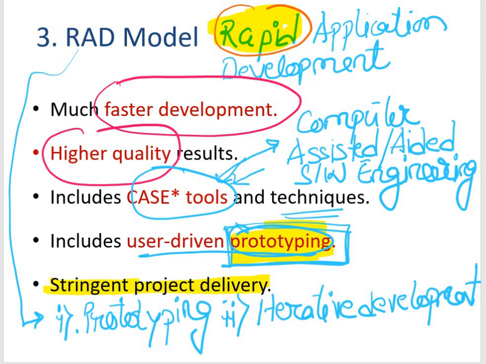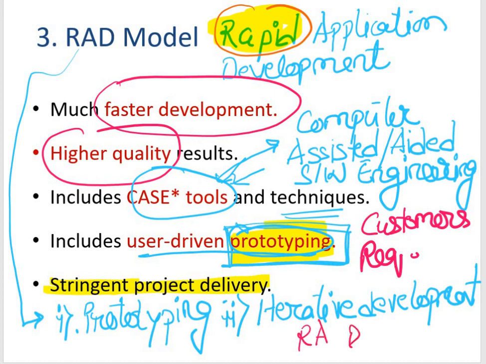So the main focus is to gather the customer's requirements through workshops or focus groups. Early testing of the prototypes by the customers using the iterative concepts, reuse of the existing prototypes, continuous integration of the rapid application delivery as well.